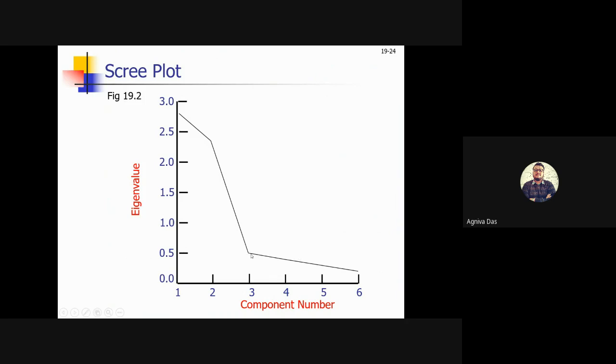So in this case, 3 components are required. Why? Because after three components, this becomes a linear trend. Before it attains linearity, when was the last time the elbow broke? That will be the number of components that you need.